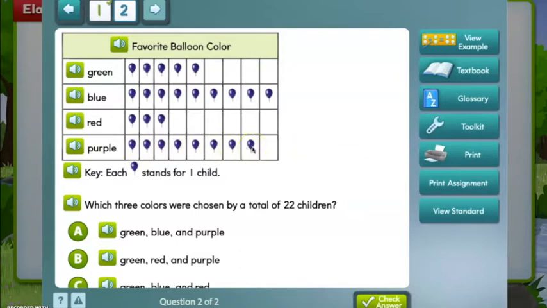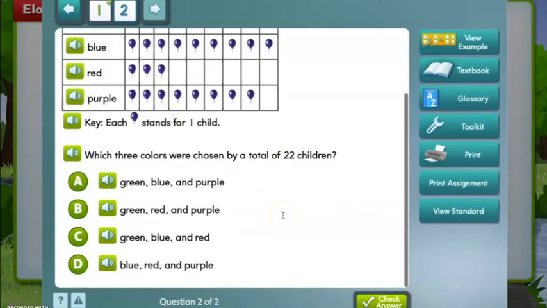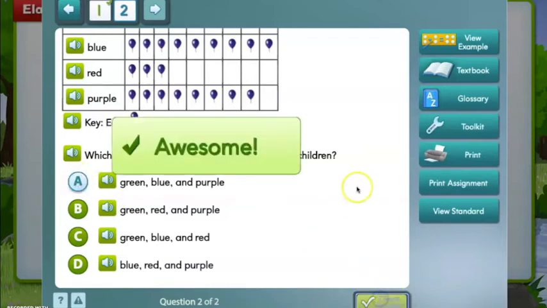So we got 22 exactly there. That means that 22 children together voted for either green, blue, or purple. So our answer here is going to be green, blue, and purple. Awesome!